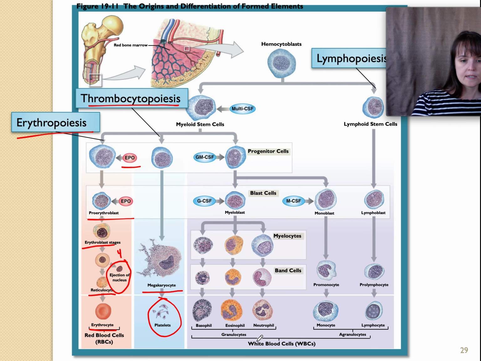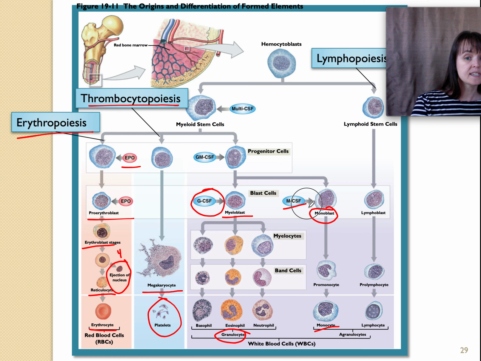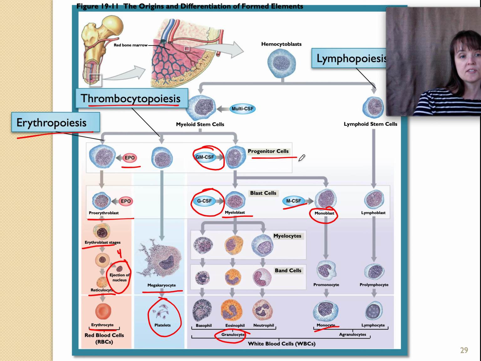We've got the granulocytes formed from a myeloblast because of GCSF. The monocytes are formed by a monoblast because of MCSF. And those are both stimulated by GM-CSF from a progenitor cell.